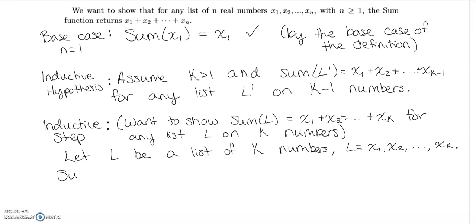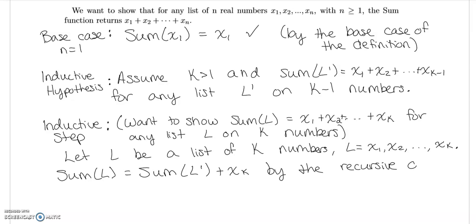So we're going to have sum of L is equal to sum of L prime plus x sub k by the recursive definition. And that's because L essentially equals L prime comma x sub k.